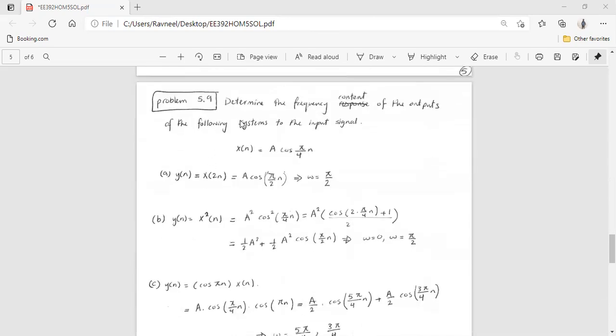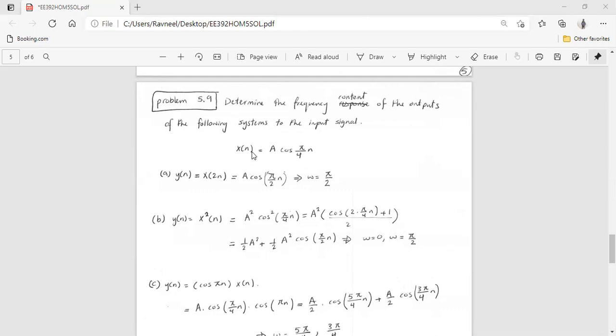Question number 5.9, we need to determine the frequency content of the outputs of the following systems to the input signal, right? So x of n is given, so we need to find the frequency component of the other parts of this question, right? So part A is y of n is equal to x of 2n.